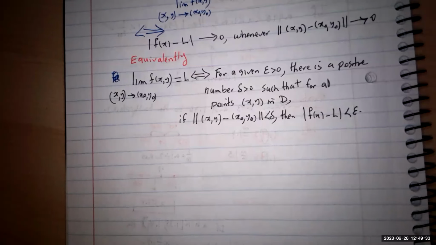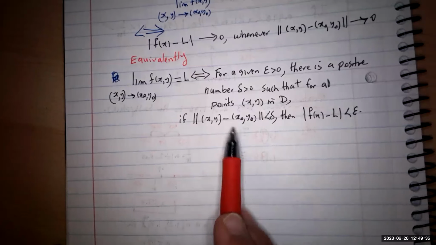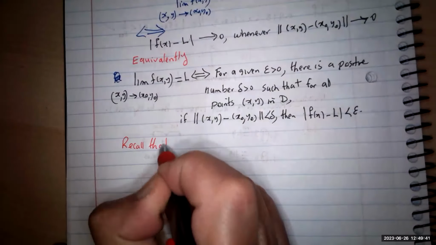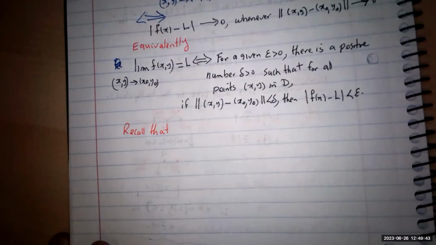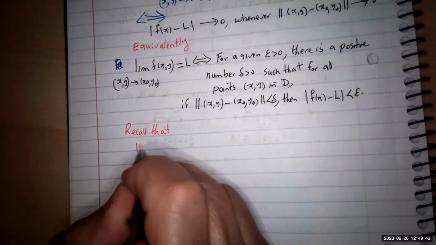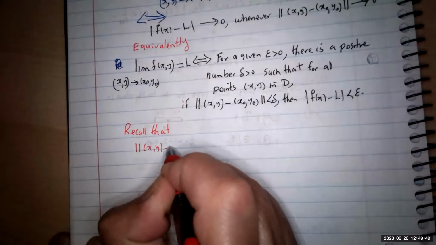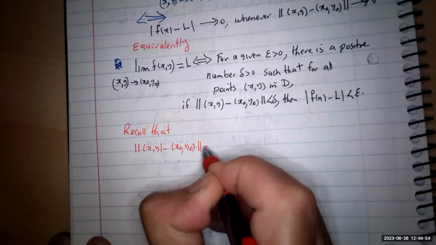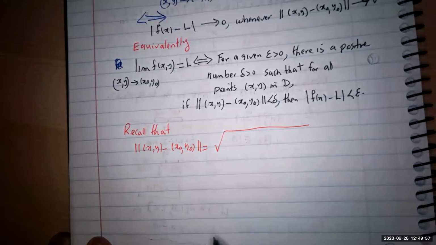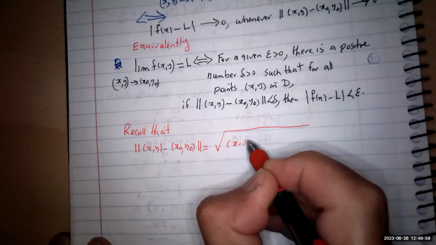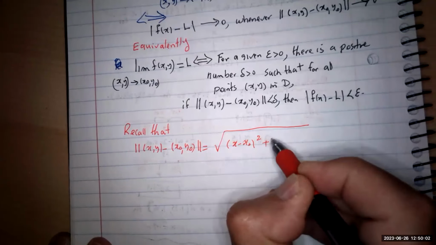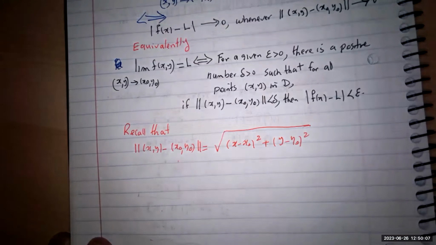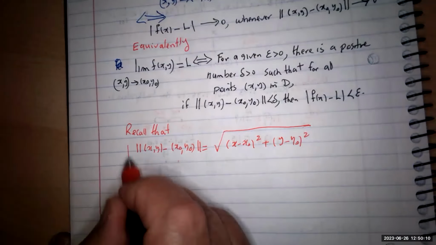And that would be fine, but in your book, they changed this norm into the formula. I just recall that. I'm not going to do it, but sometimes we need it. Recall that the norm of (x, y) minus (x0, y0) is a distance between these two points, really. Remember, it is the square root of the distance formula: x minus x0 all squared plus y minus y0 all squared. It's the way it's used in your book, but we don't need it.